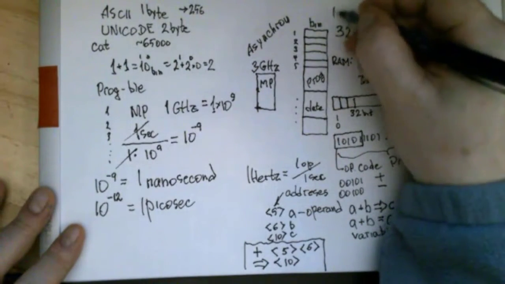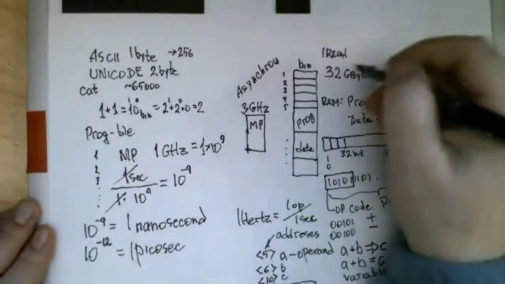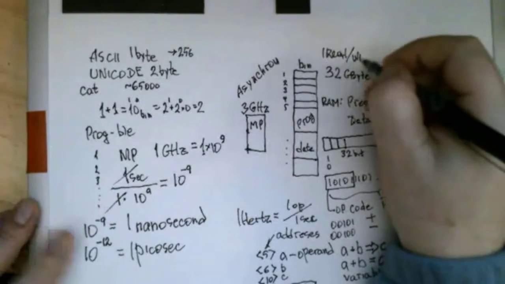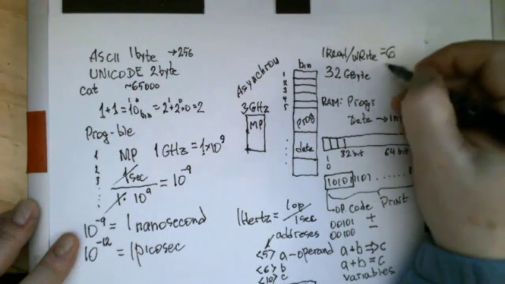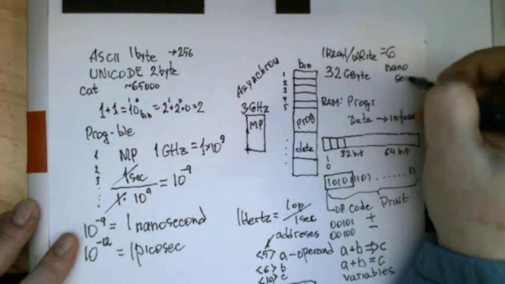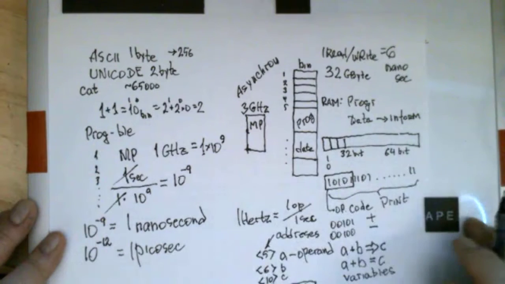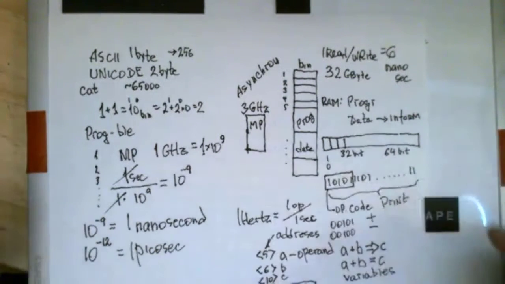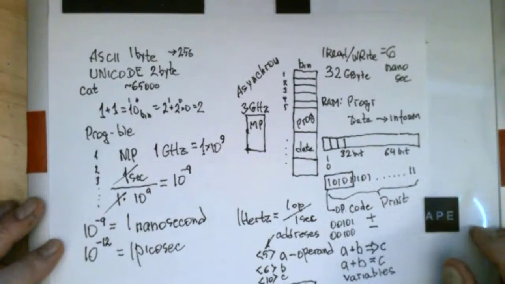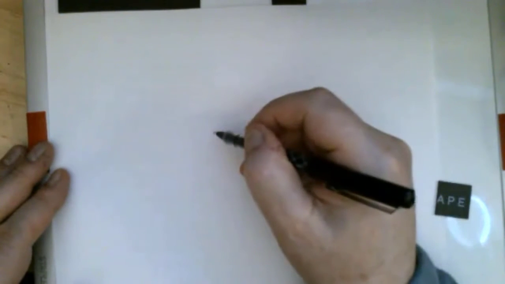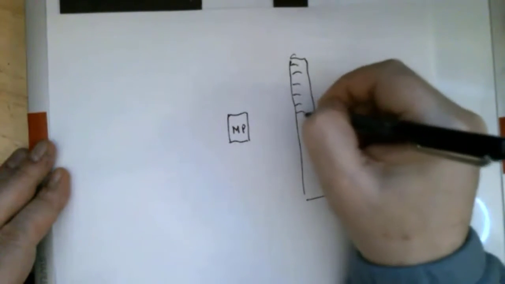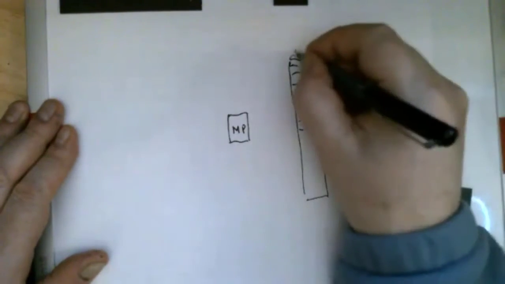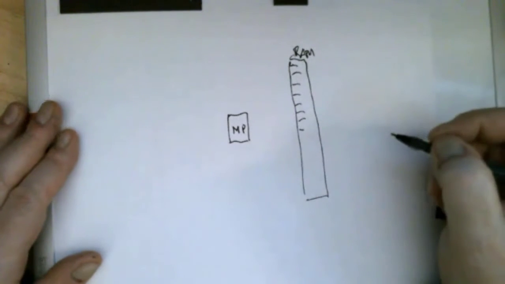I can tell you, one read/write operation takes 6 nanoseconds. So they work at different speeds from the microprocessor. How can they be synchronized in this case? Okay, let me draw the microprocessor and RAM. RAM is a table. To synchronize RAM and MP, we need a third.